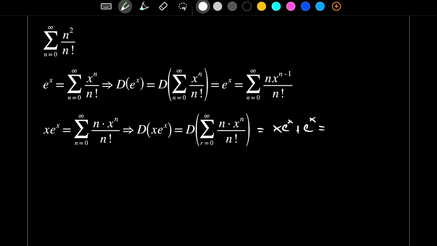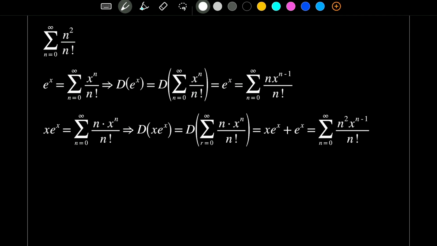And then that's going to equal, well, again, just like last time, we can just take the derivative inside our summation. So we're going to get n squared times x to the power of n minus 1 all over n factorial.